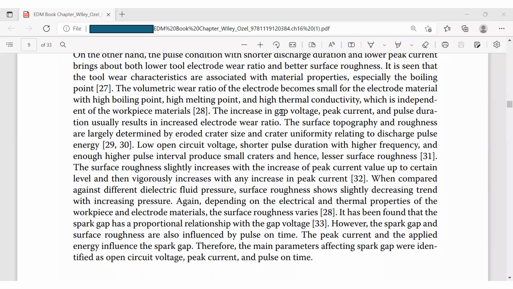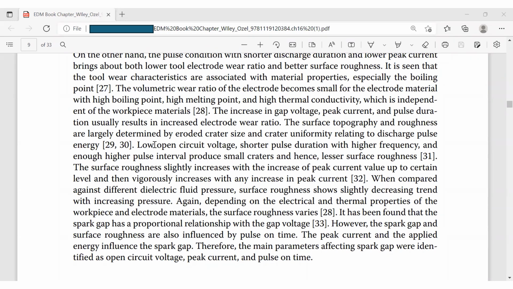An increase in gap voltage, peak current, and pulse duration usually results in increased electrode wear ratio. The surface topography and roughness are largely determined by the crater size and crater uniformity relating to the discharge pulse energy.